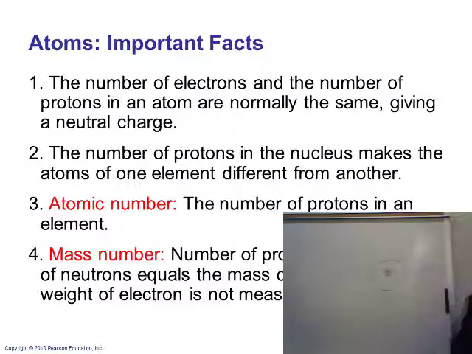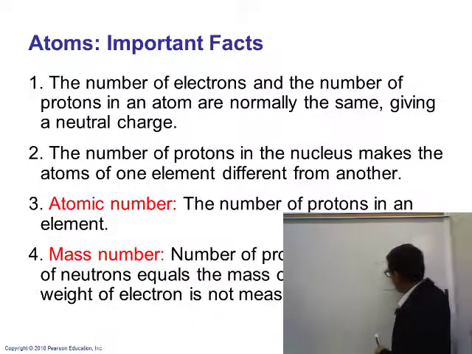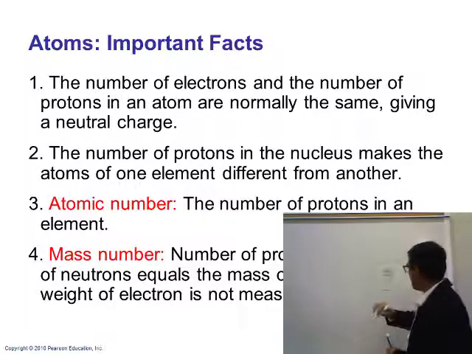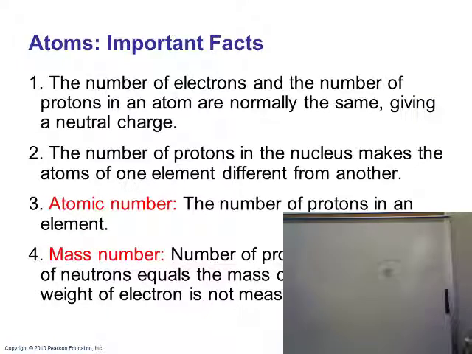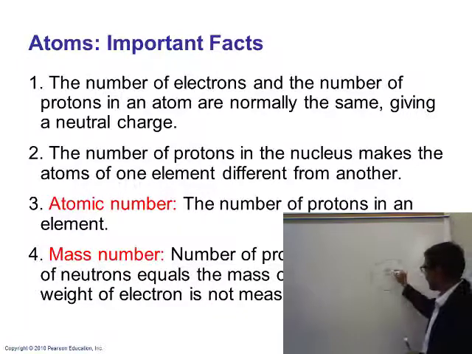Atomic mass is the number we get by adding the protons and neutrons. So the mass number or atomic mass of this atom is 6.